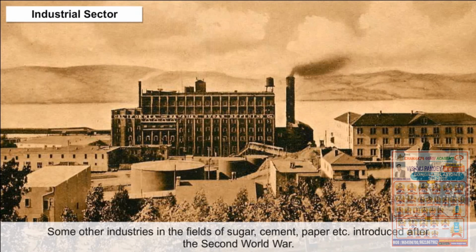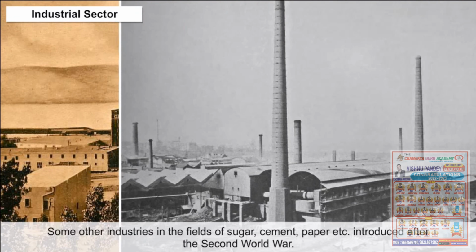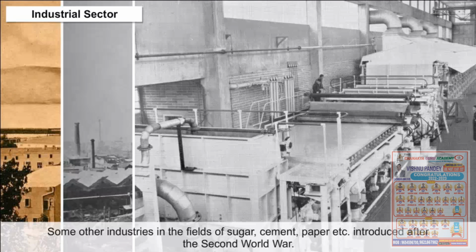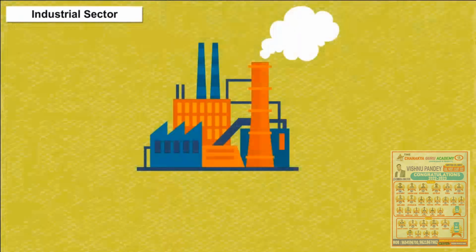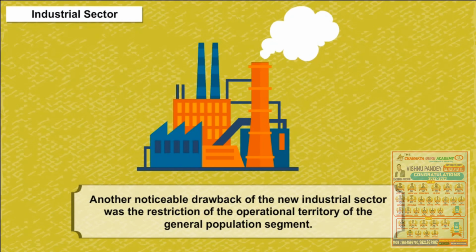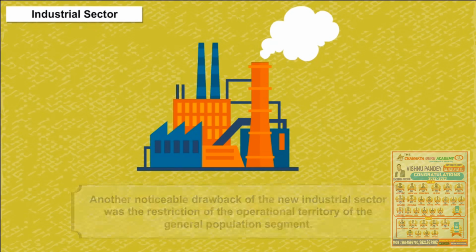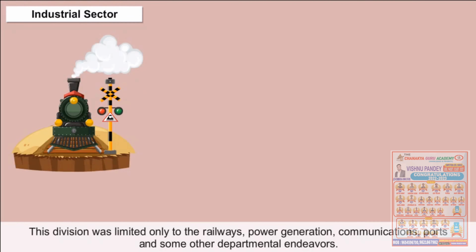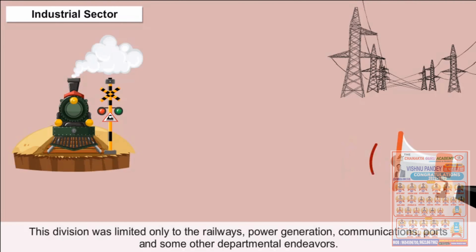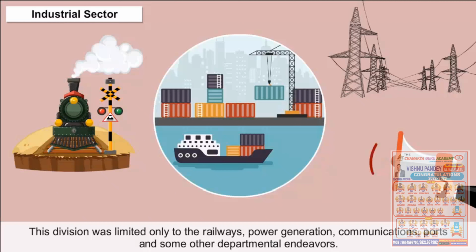Some other industries in the fields of sugar, cement, paper, etc. were introduced after the Second World War. Another noticeable drawback of the new industrial sector was the restriction of the operational territory of the public sector. This division was limited only to the railways, power generation, communications, ports, and some other departmental endeavors.